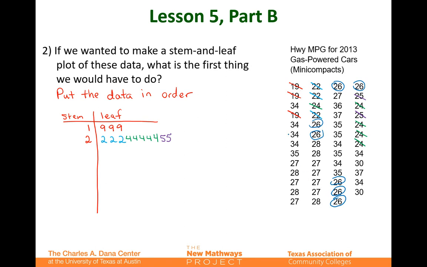I don't think I missed any 26s. Takes a little time. So there's 7 times. And you would just continue this process until all of your data was in the stem and leaf plot.